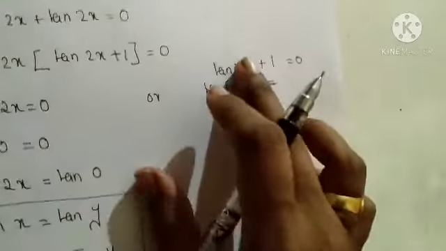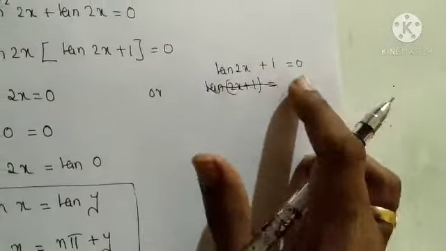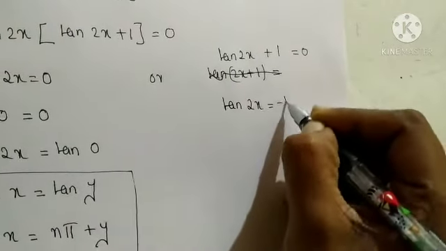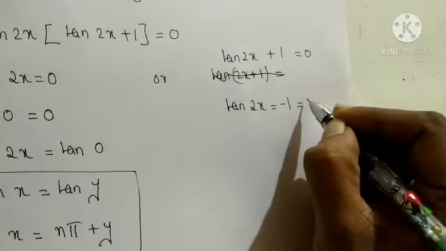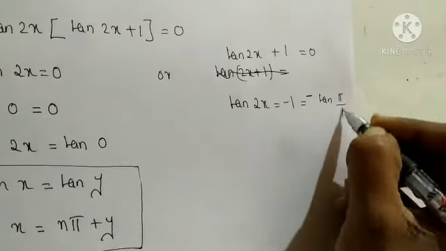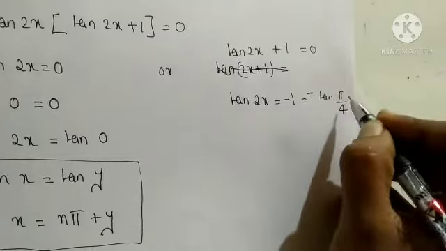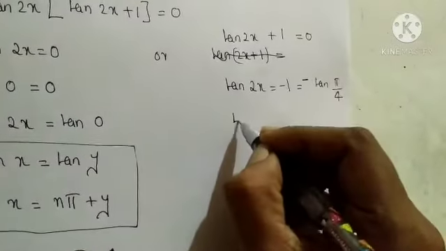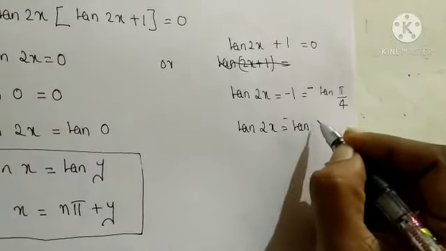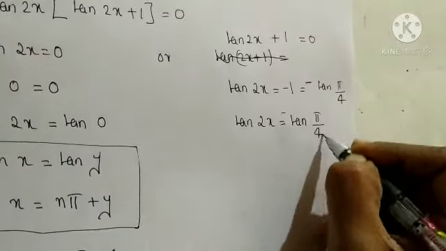So the next condition is tan 2x plus 1 equal to 0. From this we get tan 2x equal to minus 1. We know that tan pi by 4 is equal to 1. So replacing this 1 by tan pi by 4, we get tan 2x is equal to minus tan pi by 4.